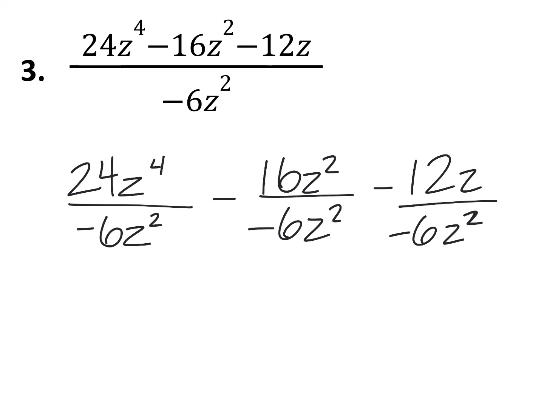Let's do the first term. 24 divided by 6 is 4. Negative 4 in this case. And then you subtract, and we get z to what power? Second. So it's going to be z squared.